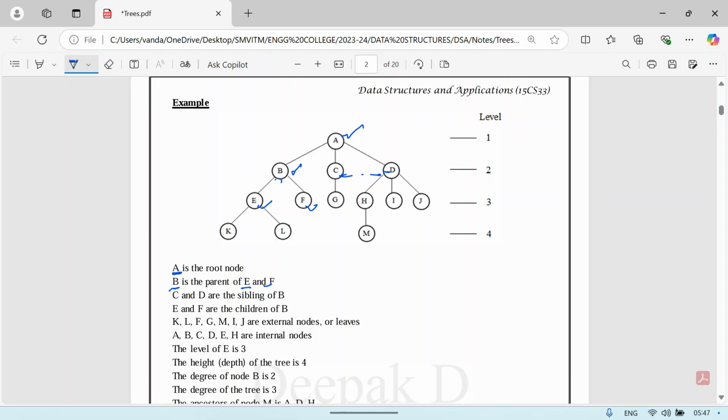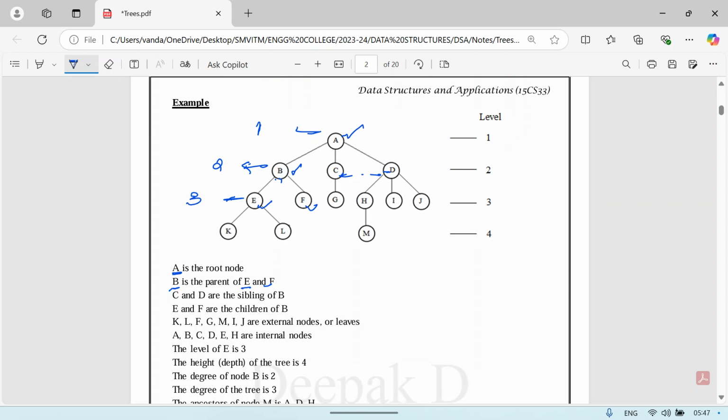Okay, external nodes or leaf nodes. So K, L, E, G, M, I, and J. These are the external nodes or leaf nodes. Other than that, everything is an internal node or non-terminal node. What is the level of E? For the root it is 1, then this is 2.